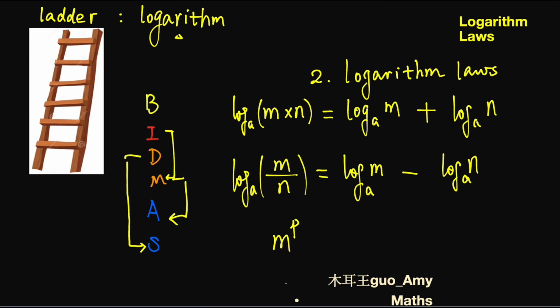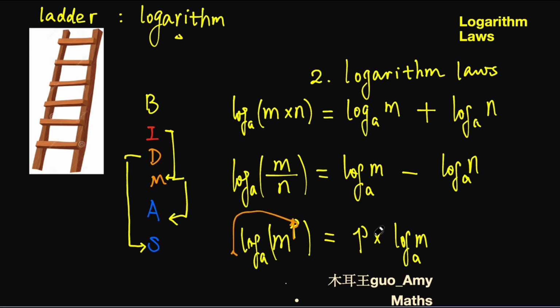So if we take a log for this expression, then it will be equivalent to p times logarithm of m to base a. Therefore, the index p has been moved to the front to become the coefficient. The operation has been lowered to multiplication, p times this log.